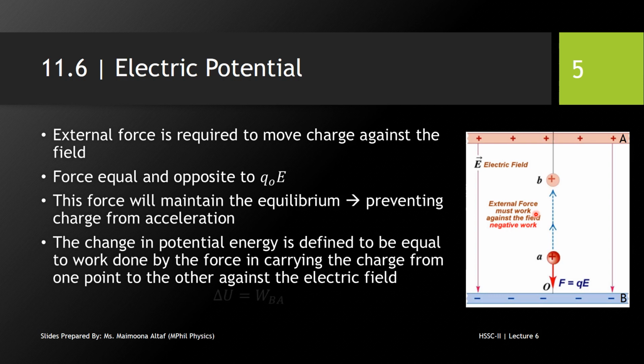Mathematically, we can write this as delta U, the change in potential energy, equal to the work done by the force in carrying the charge from point B to point A. Since it is the change in potential, we can write the higher potential energy at point A, U of A, minus the lower potential energy, U of B. This must be equal to W_BA, the work done by the force in carrying the charge from point B to point A.